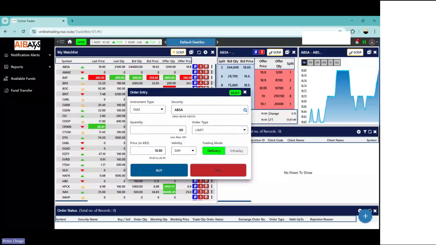Why is this the case? If you are buying a stock that is giving dividend, that is dividend stocks, you'll be entitled to get your dividend. If you are looking for growth stocks, these are the stocks that don't issue dividend, but they have a chance of rising in price. So you buy low, you sell high. So you make money through capital gains.